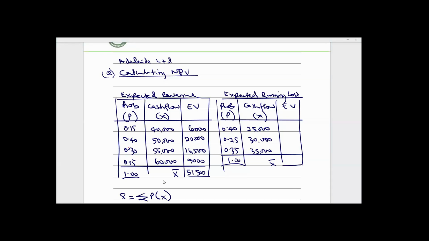So 0.4 multiplied by 25,000 is 10,000. Then 0.25 multiplied by 30,000 is 7,500. 0.35 multiplied by 35,000 is 12,250.